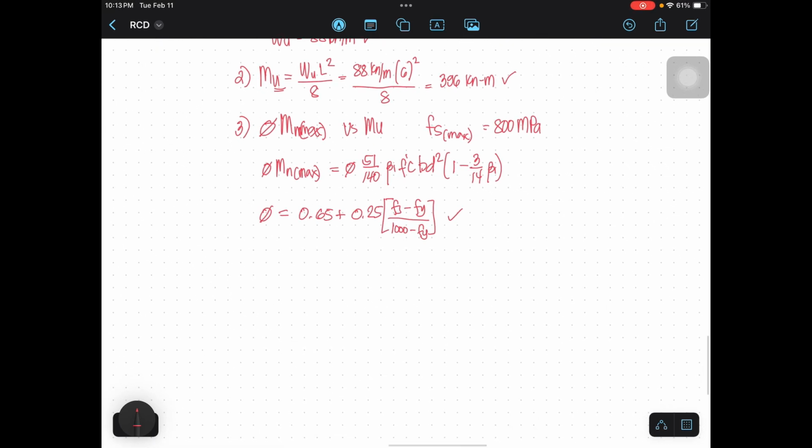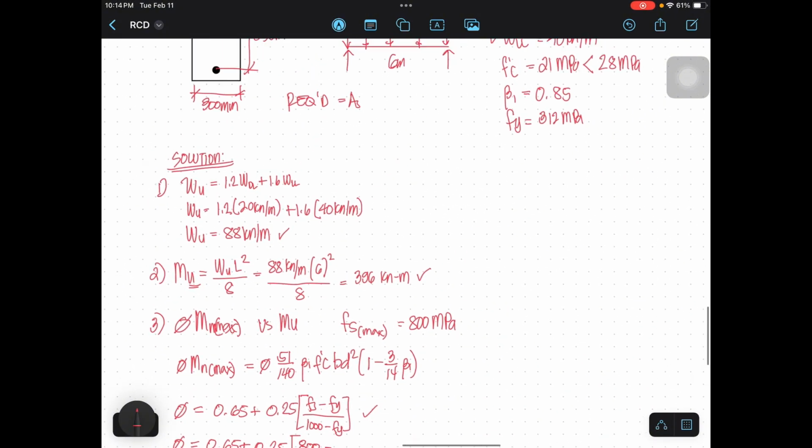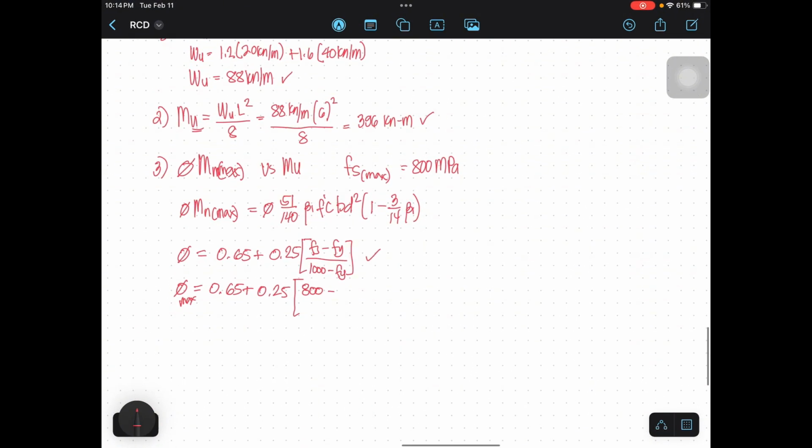Next, substitute the parameters. We have 0.65 plus 0.25 quantity under maximum condition. 800 is our tensile strength minus Fy na 312 megapascal. Then 1000 minus 312.